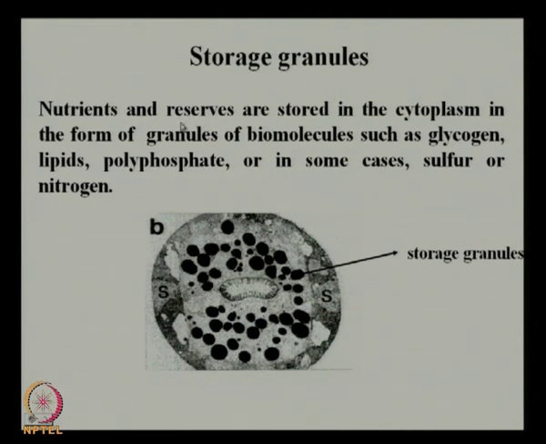The nutrients and reserves are stored in the cytoplasm in the form of granules of biomolecules such as glycogen, lipid, polyphosphate, or in some cases sulfur and nitrogen, which also accumulate in the form of a storage granule.